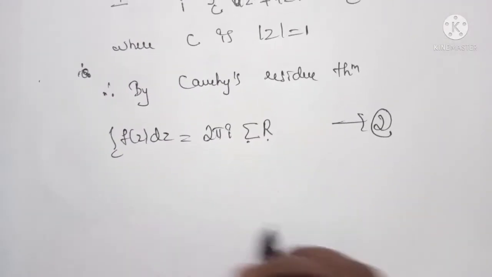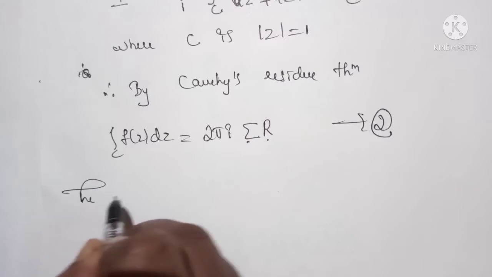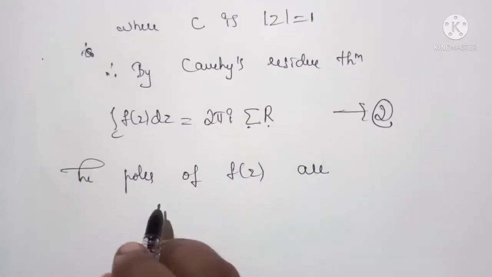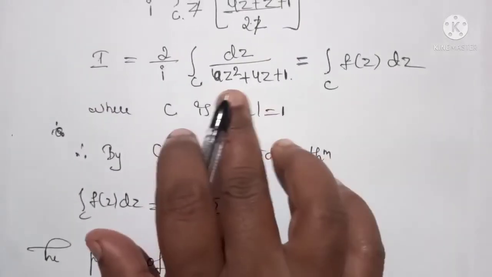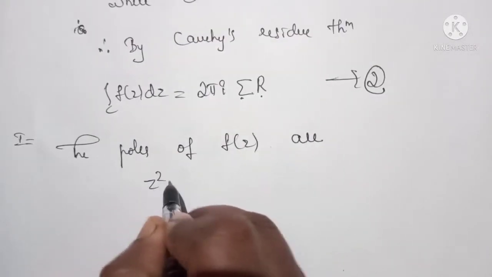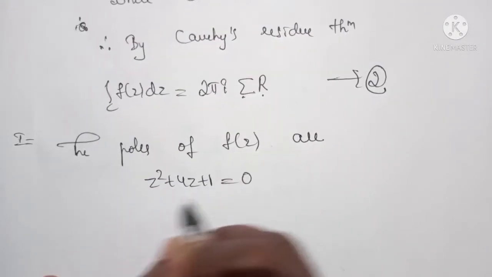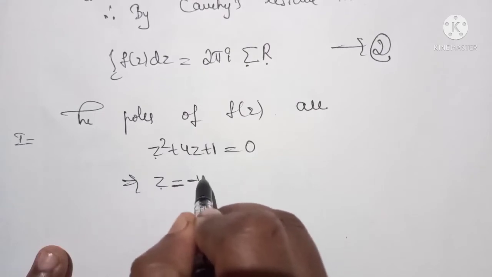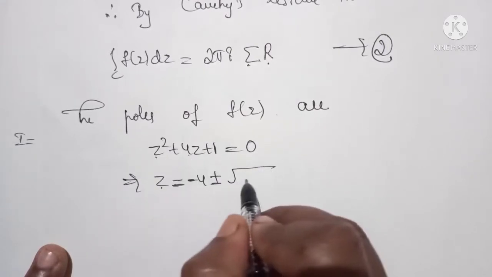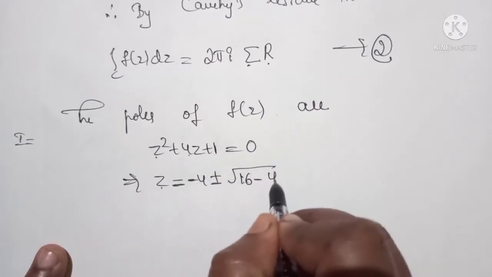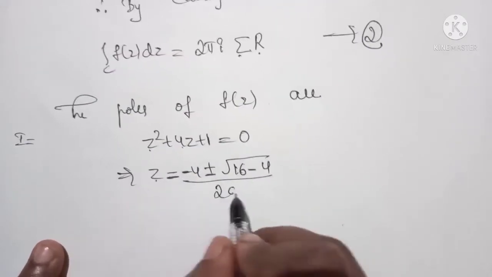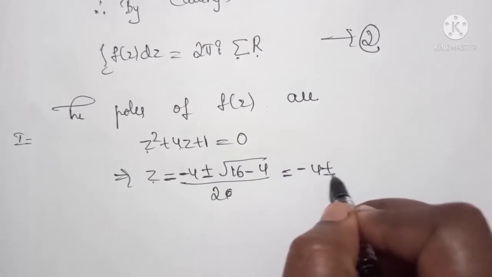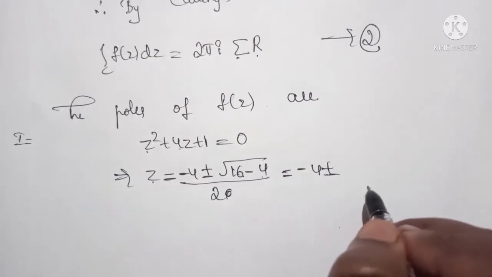Now the poles of f of z are, to find the poles we take the denominator equal to 0. z square plus 4z plus 1 equals 0. Using the formula method we get z equals minus b, that is minus 4, plus or minus square root of b square minus 4ac, which is 16 minus 4 equals 12, divided by 2a, that is 2.